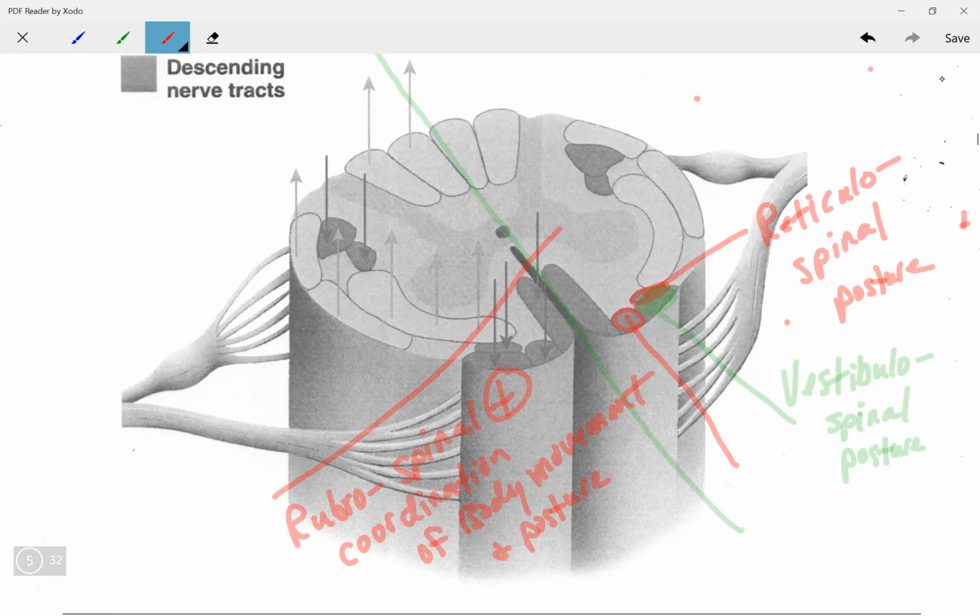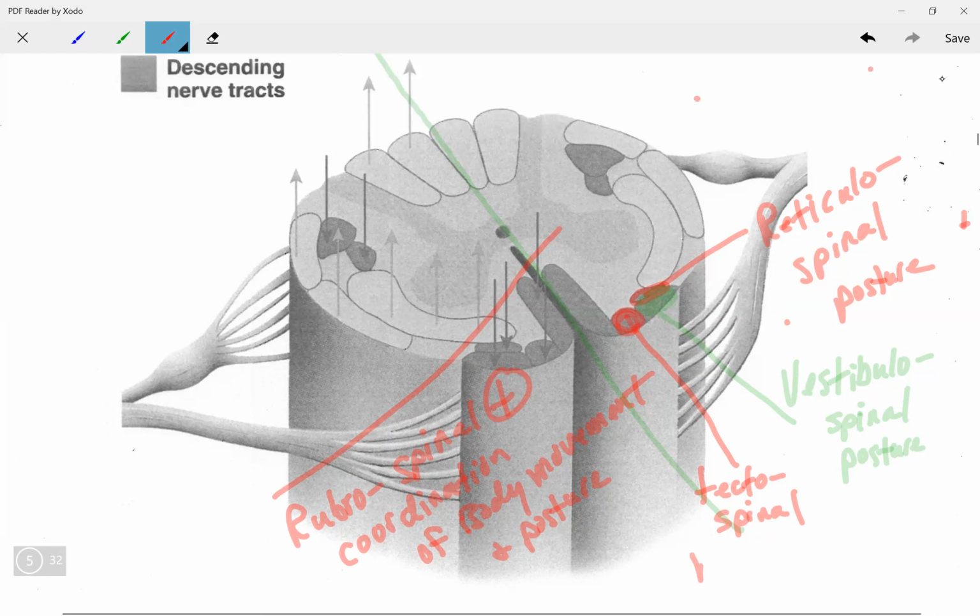Okay, so this one is tectospinal. Okay, brain to spinal cord. And this helps with head and neck movements. So, but vision is involved.